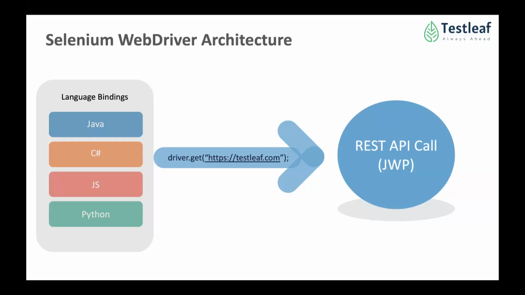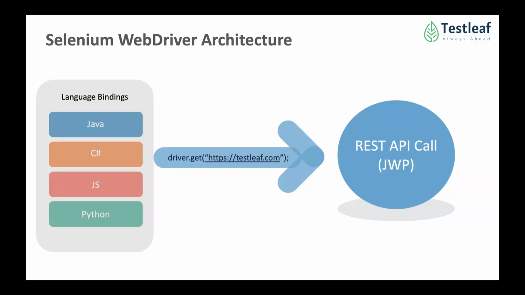So this particular call is converted into a REST API call internally by the Java language binding, which goes as an HTTP API call using the JSON Wire Protocol in version 3. But do you all know what happens when it becomes version 4 and there is a change? Even the last edition of 3 itself came with an implementation.